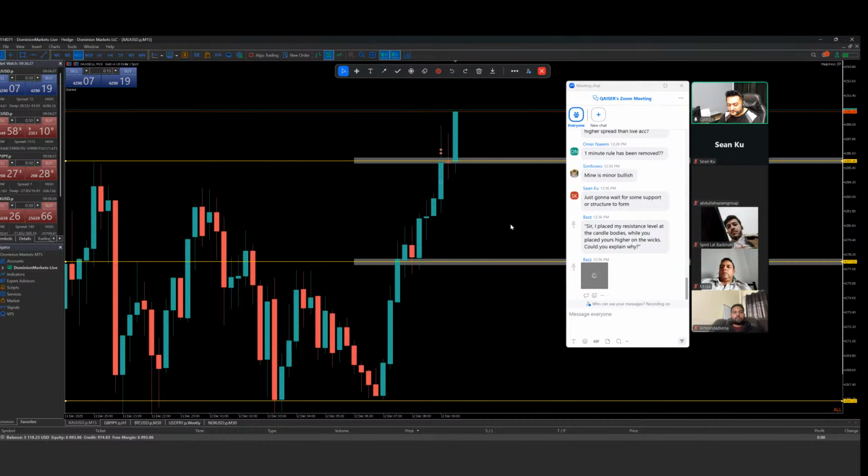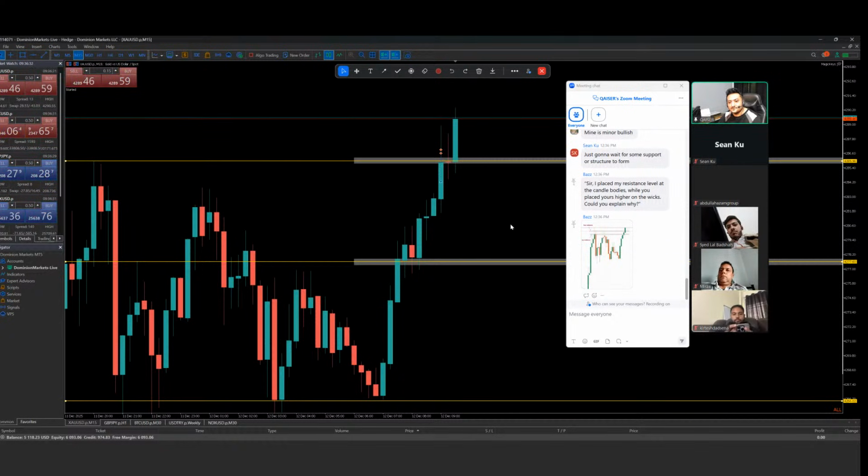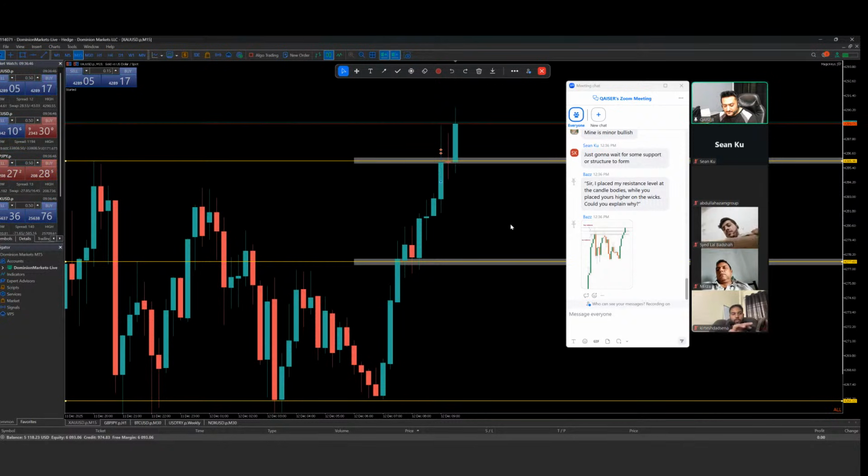Look at this one, pushing to the upside, breaking above the resistance, new structure, breaking above the high, probably tapping 90. So a break above this high could be 93, a $5 increment. So let's see.